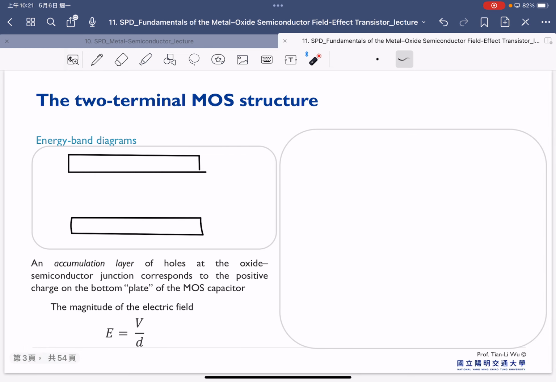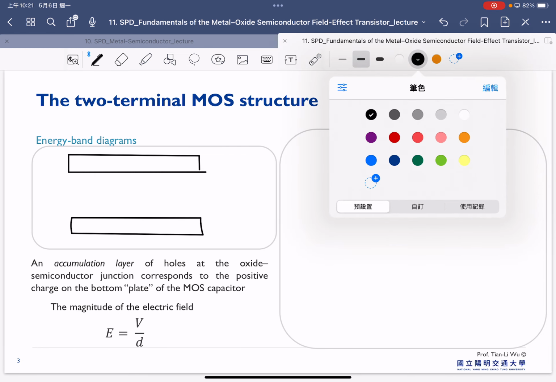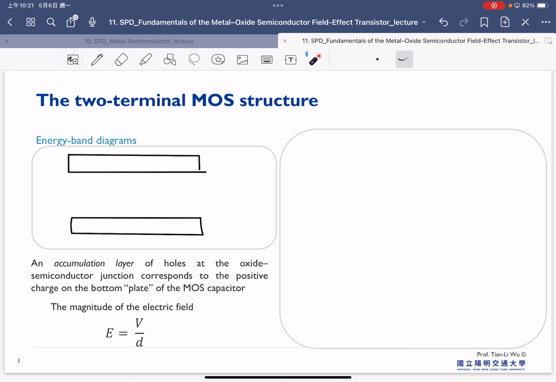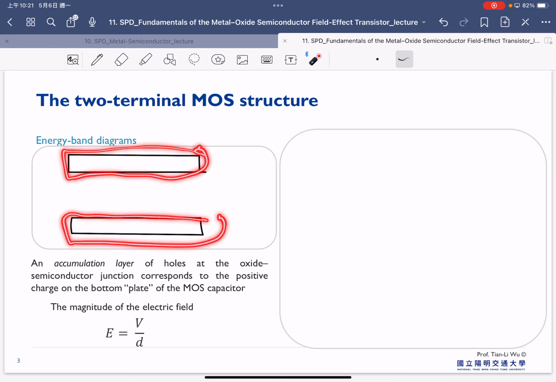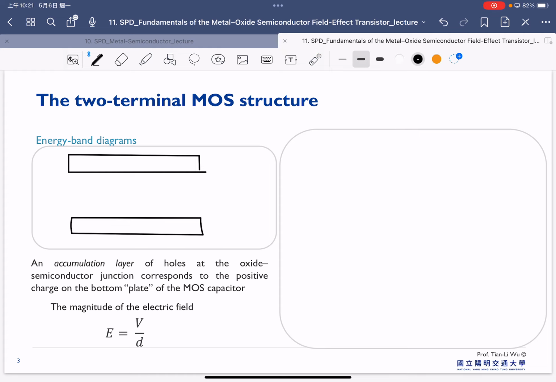So we redraw the previous MOS cap as two charging plates here, and in between we have the SiO2, silicon dioxide. And of course, we have the dielectric constant and the distance, D, here.